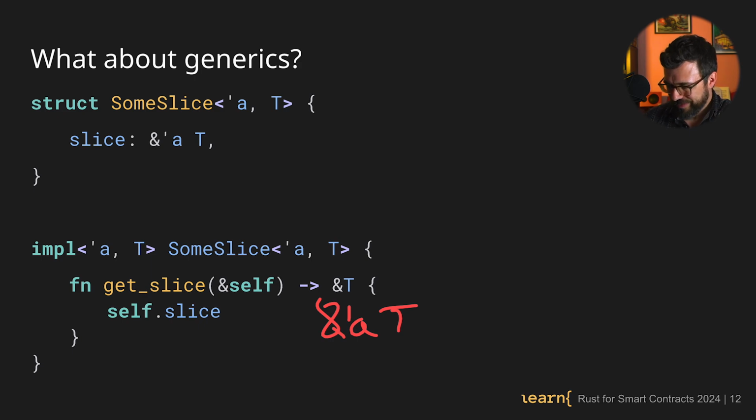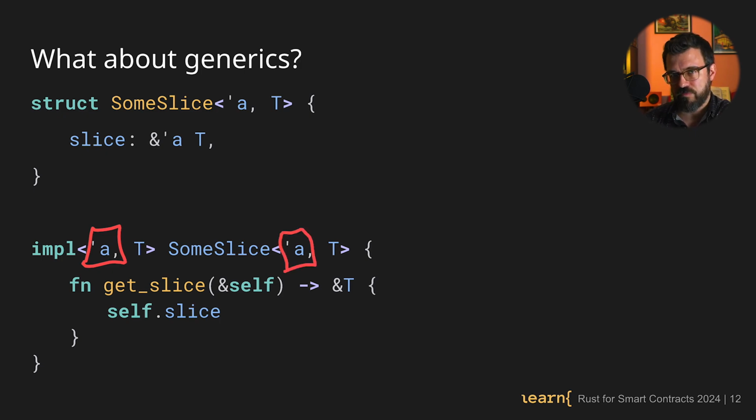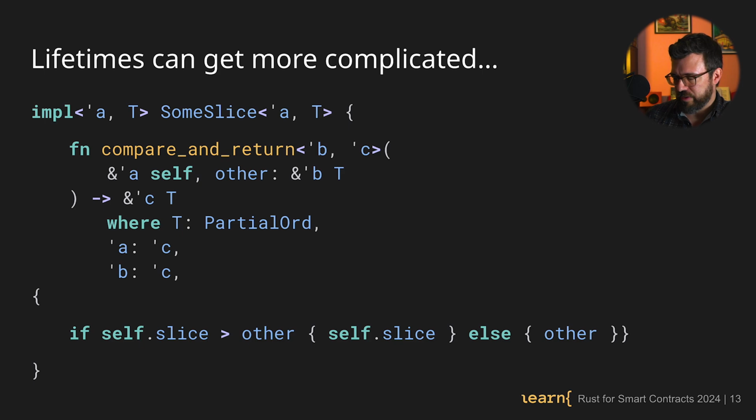And this is getting a little complicated, right? You can understand that this means like the time the thing lives, and it's just the same everywhere. But what if we have this kind of nonsense? I mean, look at this.